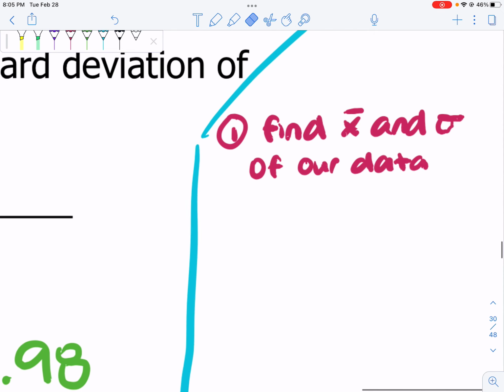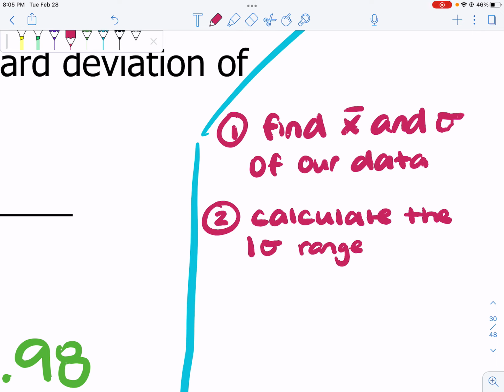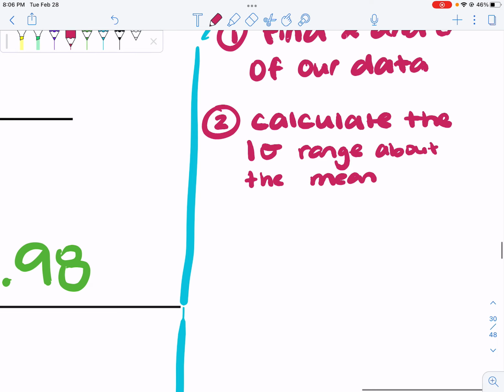So step 2 is going to be calculate the one standard deviation range about the mean. So that implies that we are calculating what x bar minus one standard deviation is equal to.